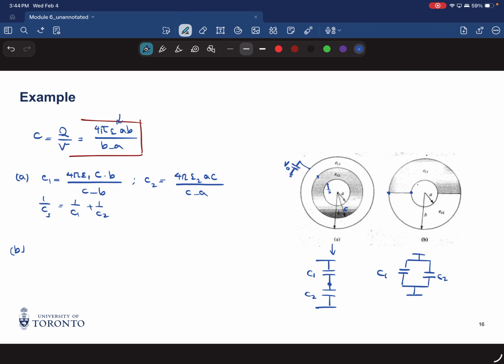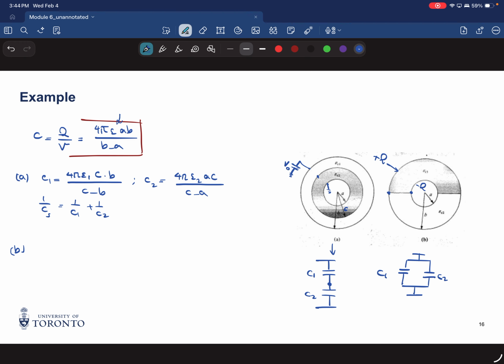So here we have minus Q, let's say, or plus Q, minus Q here, and then plus Q here, right? If that's what you mean. The only difference is that now, instead of the full sphere, or a hollow sphere, you have half of it.